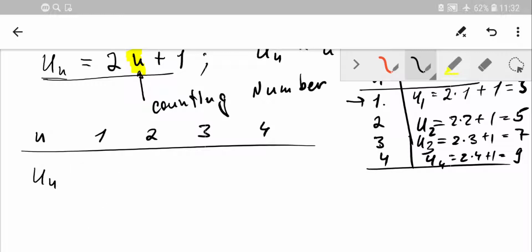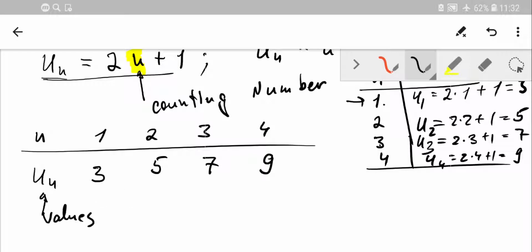Here is u1 that we generated recently. It's 3, 5, 7, and 9. They're basically values, or our elements, or terms. All those words can be used interchangeably. Alright, we have a sequence.